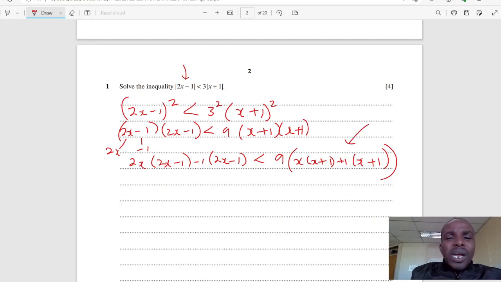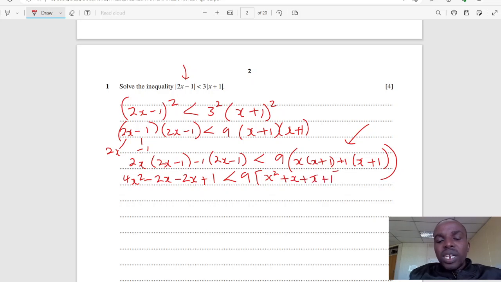Right. Then let's multiply: 2x times 2x is 4x squared. 2x times minus 1 is minus 2x, minus 2x. Then 1 times 1 is plus 1. Less than, you maintain your 9. x times x is x squared, then plus x plus x plus 1.